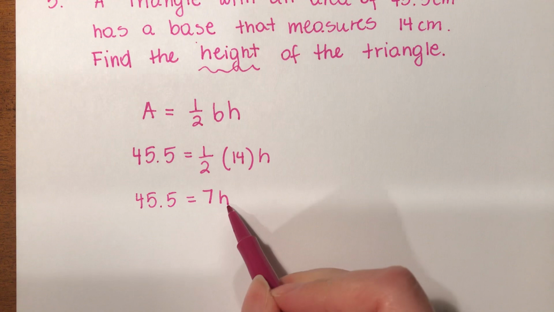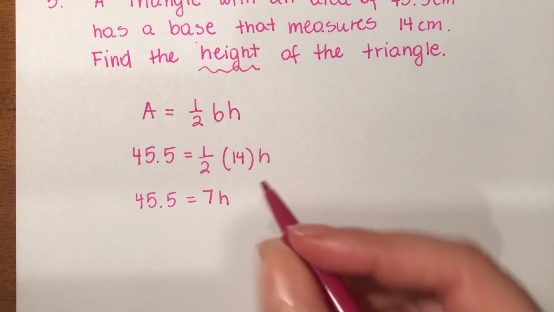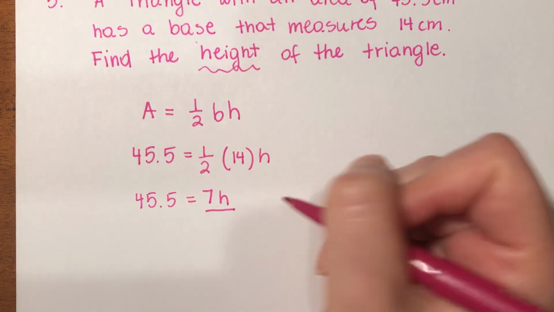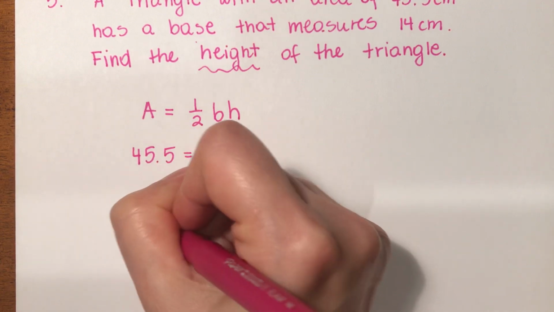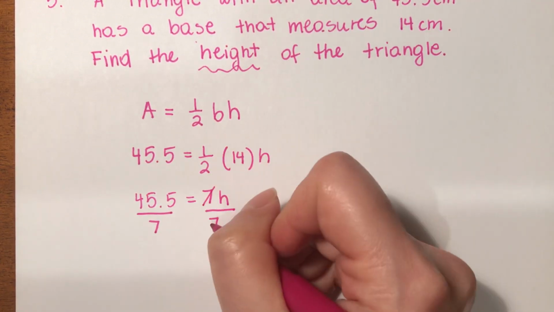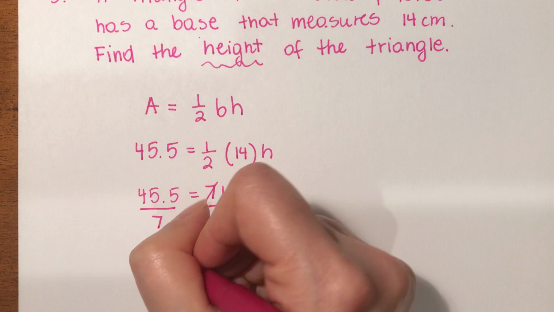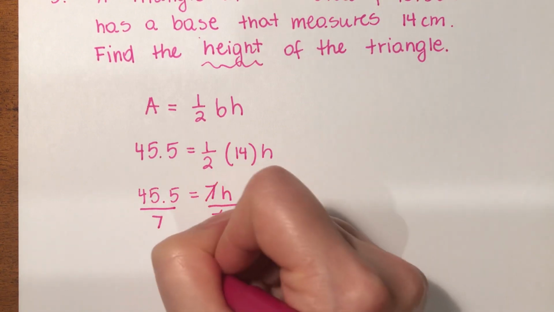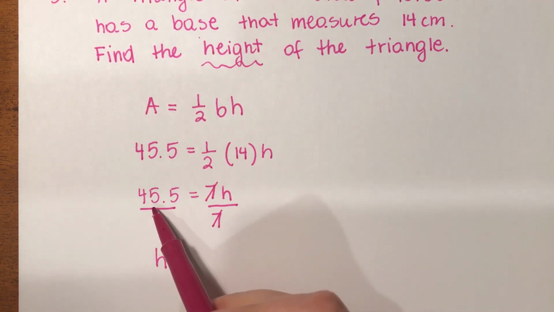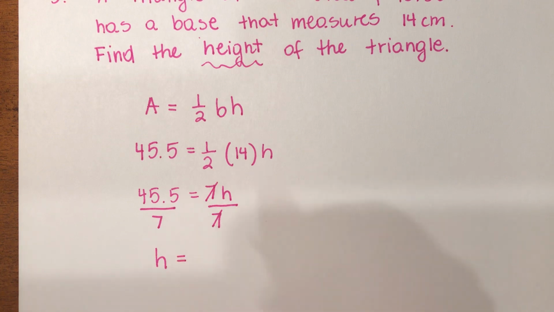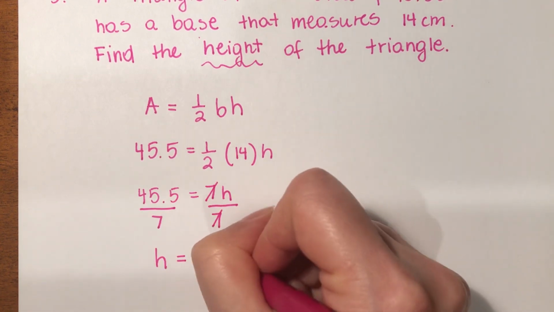Now my unknown variable is h. To isolate the h, to leave it by itself, I need to divide both sides by 7. So 7 divided by 7 is 1, so I don't have to write that. They cancel each other. And then when you divide 45.5 divided by 7, you should get 6.5.